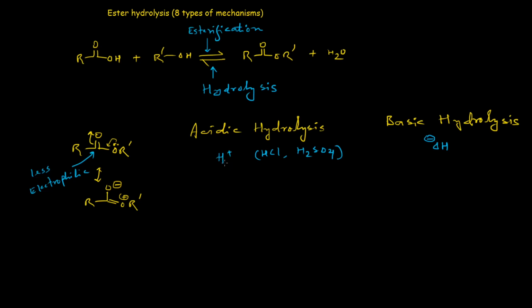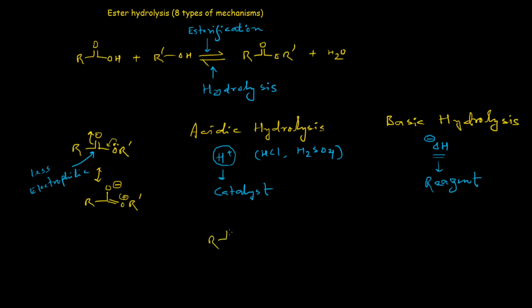So in acidic condition, the H plus plays the role of a catalyst, but OH minus does not play the role of a catalyst, rather it behaves as a reagent. So now let us quickly look at the situation of the ester molecule in acidic condition.